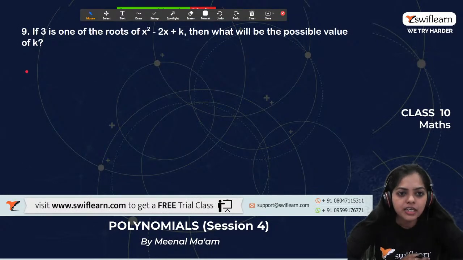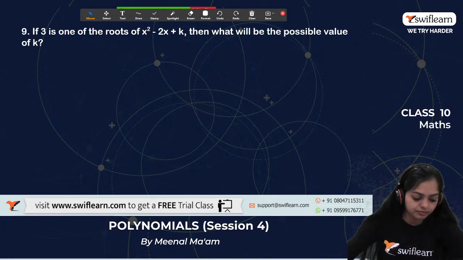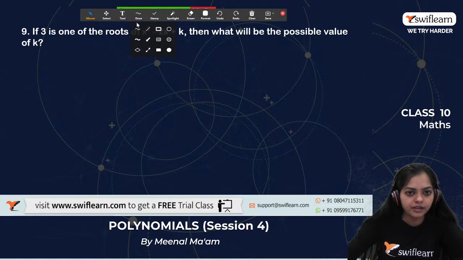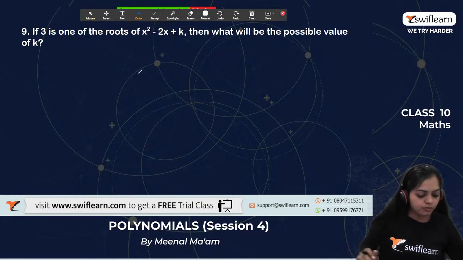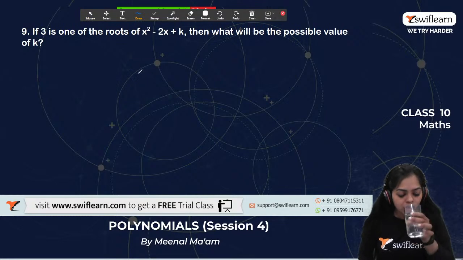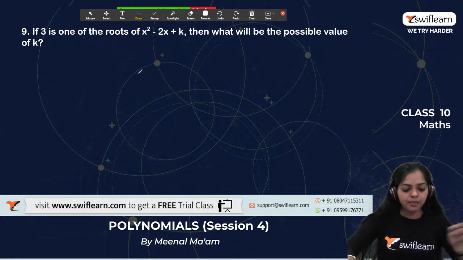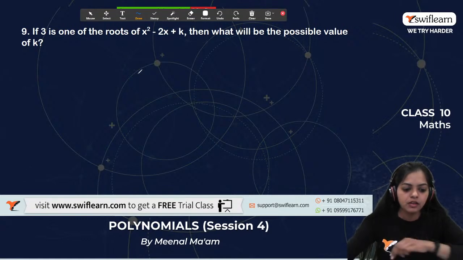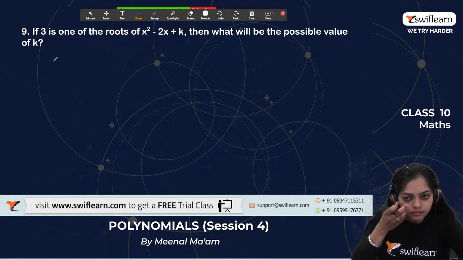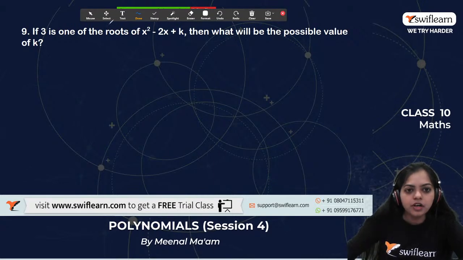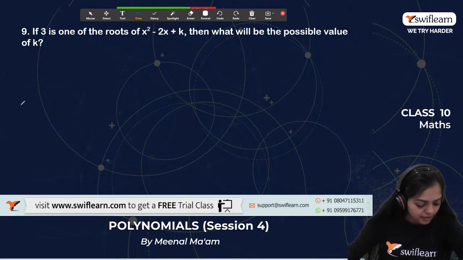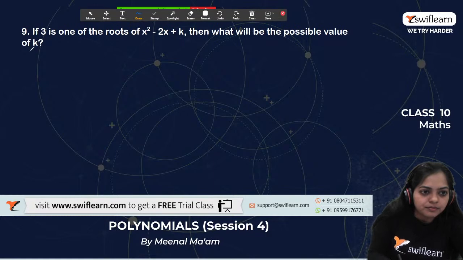If 3 is one of the roots of x square minus 2x plus k, then what will be the possible value of k? Alright, so all of you read this question once. Alright, so what do you all say? Let's solve this question together.